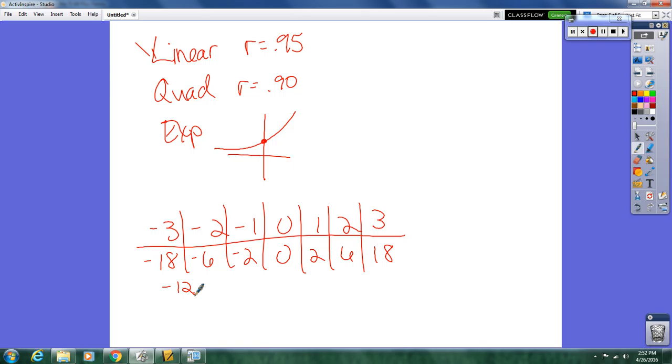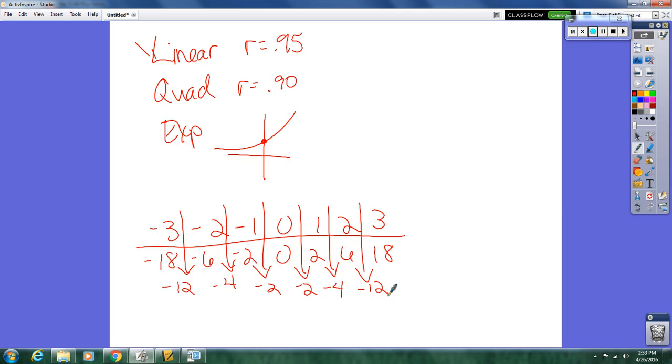Negative 4. Negative 2 minus 0. Negative 2. 0 minus 2. Negative 2. 2 minus 6. Negative 4. 6 minus 18. Negative 12. Are all those constants?